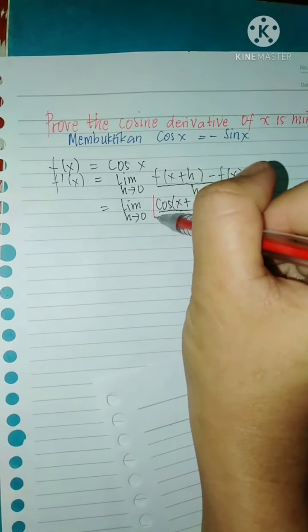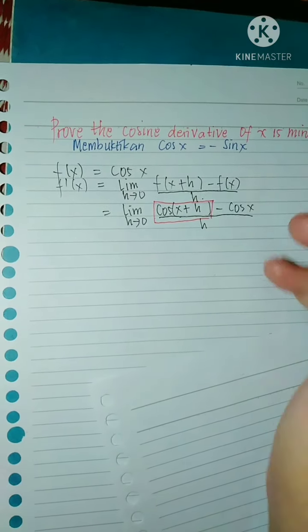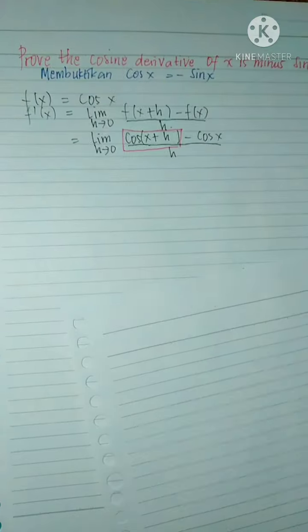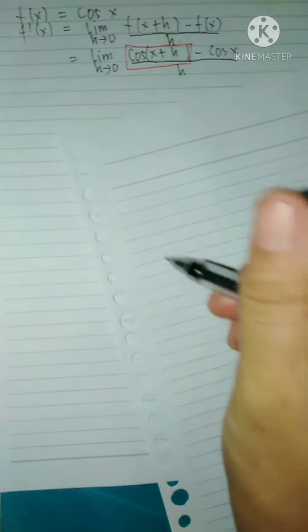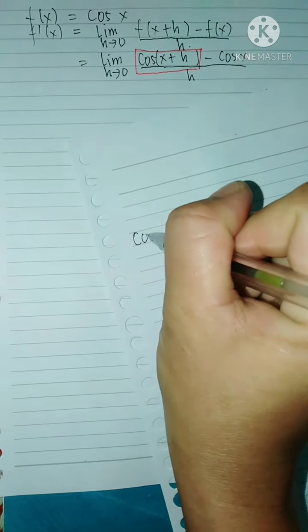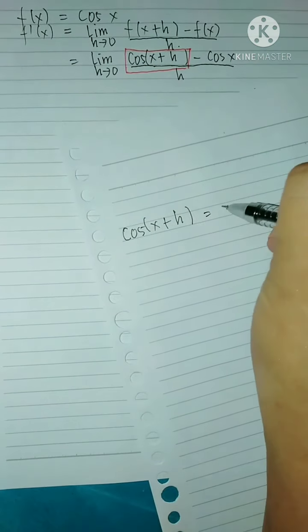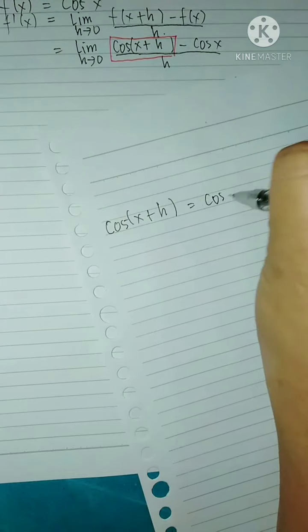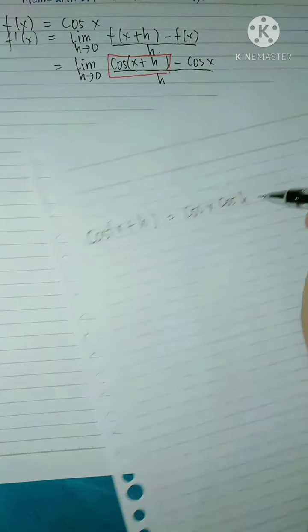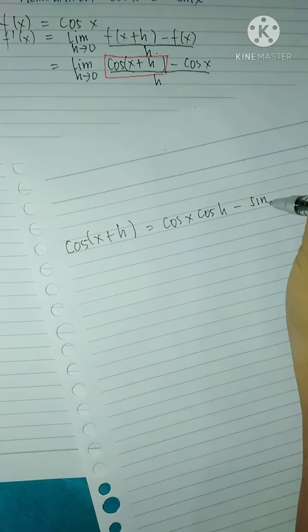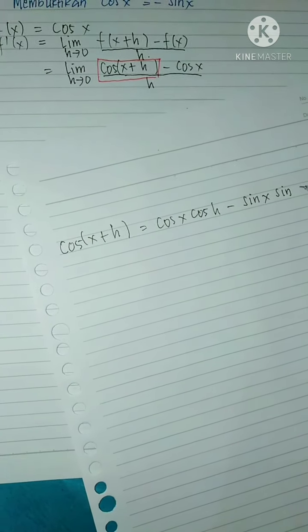So this, remember of trigonometry identities that cos(x plus h) equals cos x cos h minus sin x sin h.